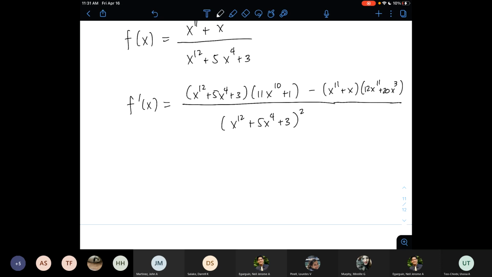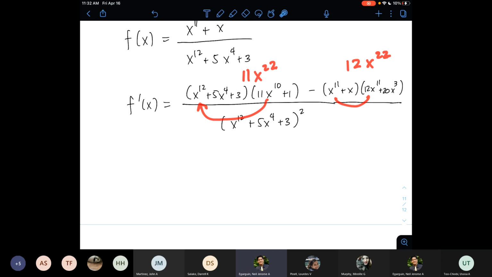Well, the denominator is always positive. So all we need to look at would be the behavior of the numerator, right? So in the numerator, what do we get? In the minuend, the leading term here would be 11x to the 22nd power, right? When you carry out the multiplication with the highest power. So we'll get 11x to the 22nd, while on the subtrahend, we'll have 12x to the 22nd, right?